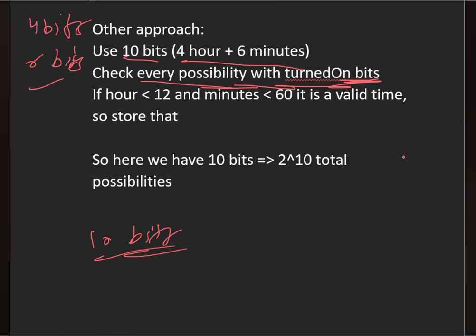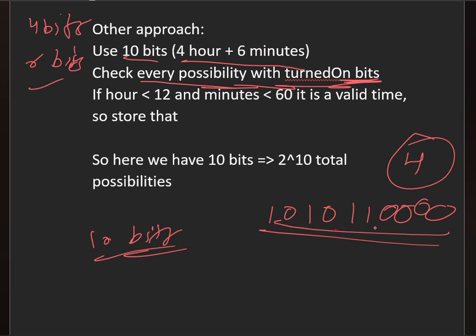Suppose we are given turned on equal to 4. So we have 10 bits. We can set any 4 bits and then check whether this is a valid time or not. If it is a valid time, then we store that, right?